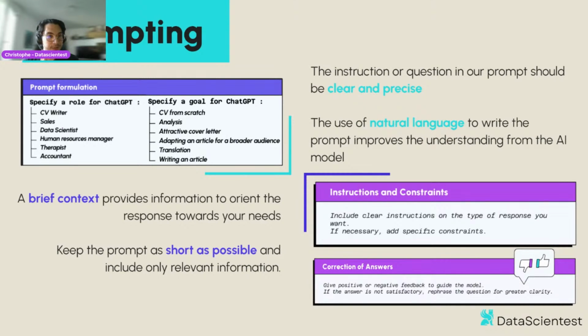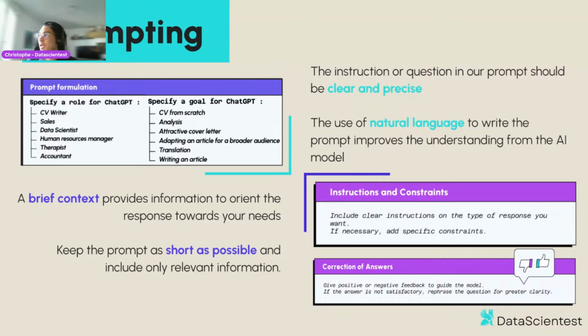And two other things that most of the time are forgotten, specifically at first. The first thing is include clear instructions, right? So basically the type of response you want. So do you want a plan in 5 points? Do you want a plan in 5 points for the next 5 years? Do you want a plan in 5 points for the next 2 days or stuff like this, right?